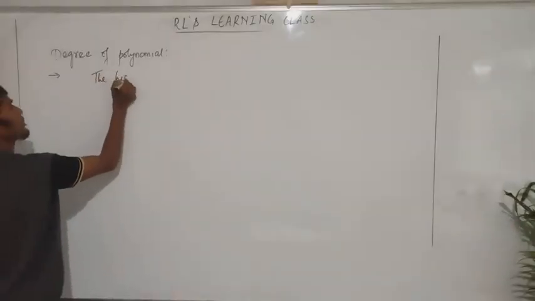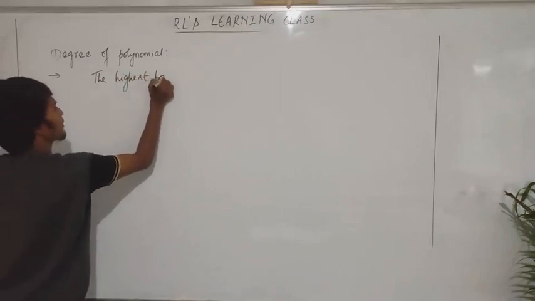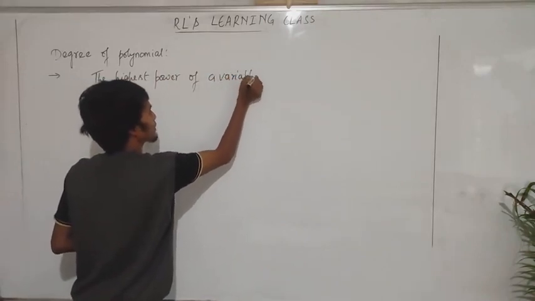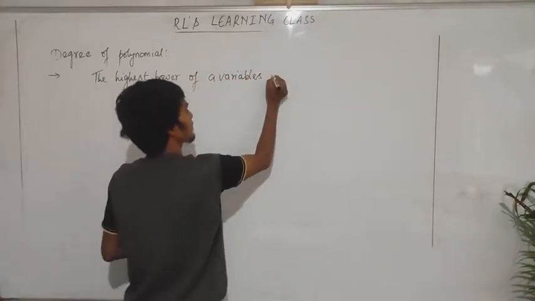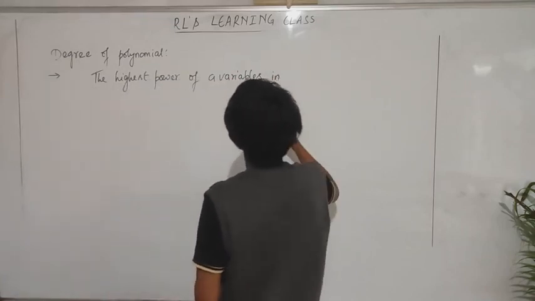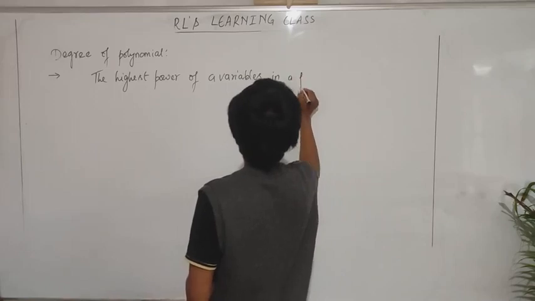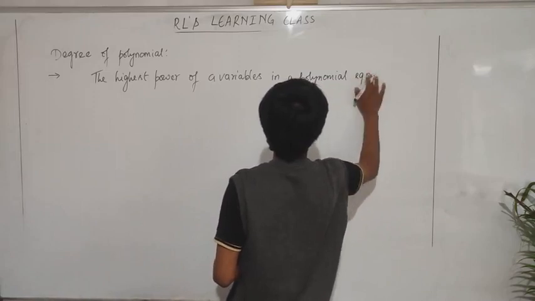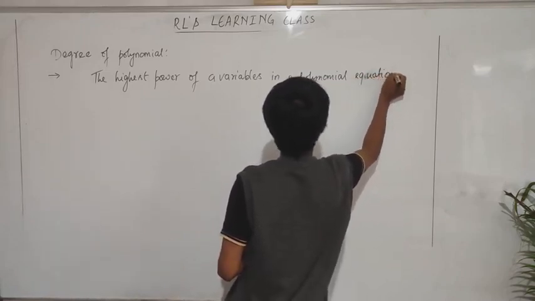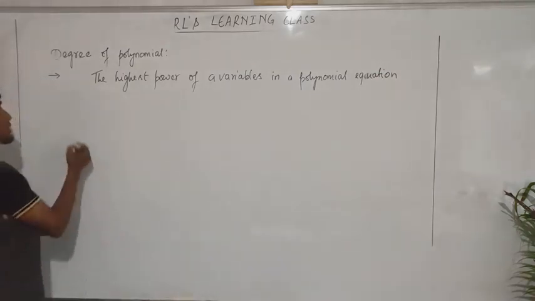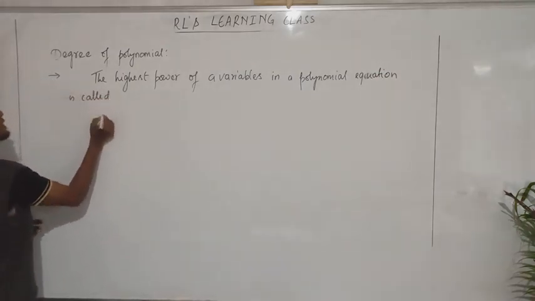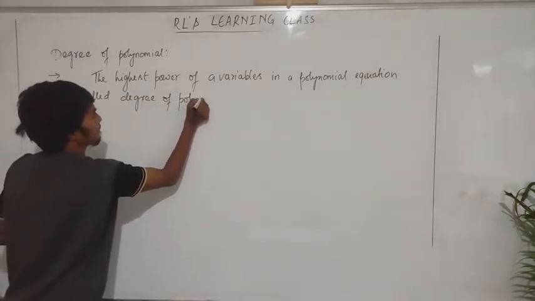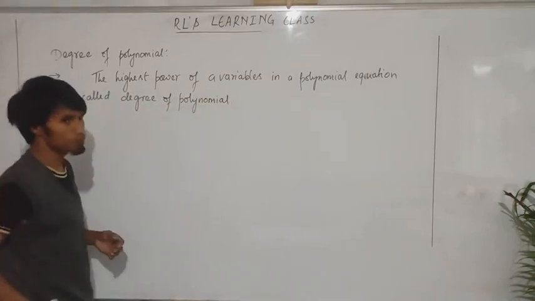The highest power of variables in a polynomial equation. The highest power of a variable in a polynomial equation is called degree. Degree of polynomial.